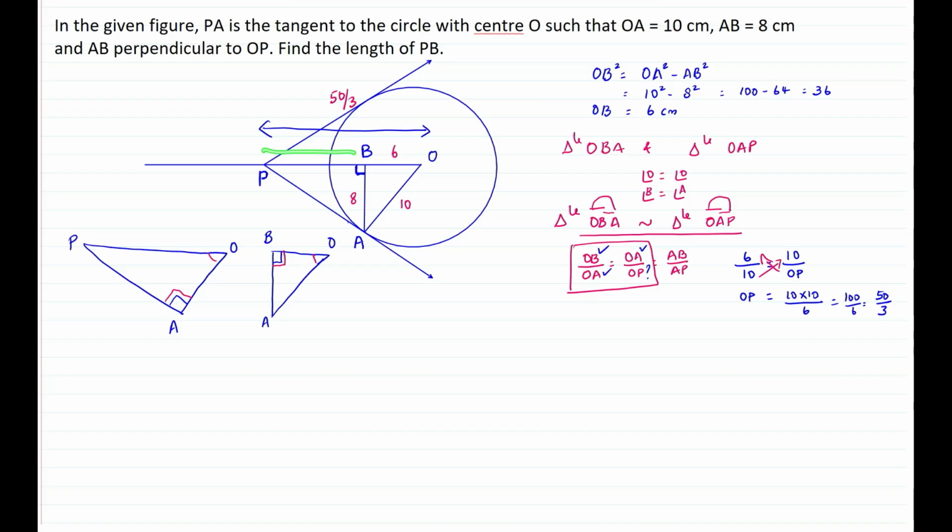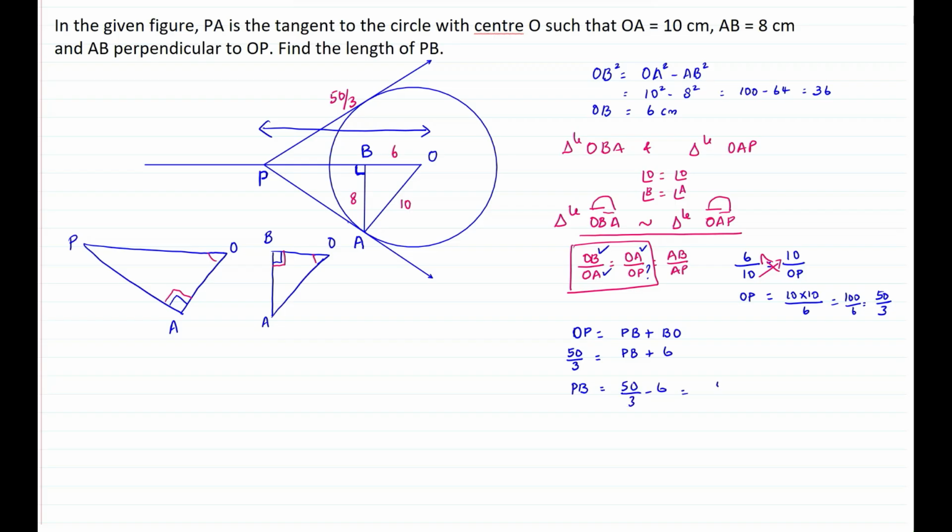Now we just have to find PB, because we have OB, we subtract it from OP, then we'll get PB. Okay, straightforward now. So OP will be equal to PB plus BO. So OP is 50 by 3 is equal to PB plus 6. 6 will go that side, and the next step will be PB will be equal to 50 by 3 minus 6.